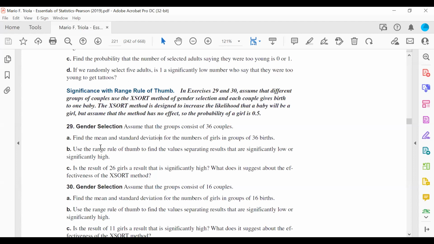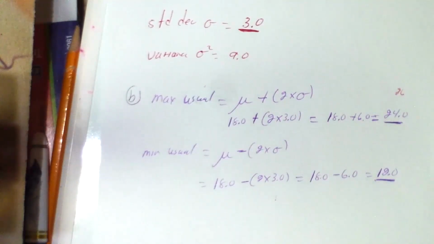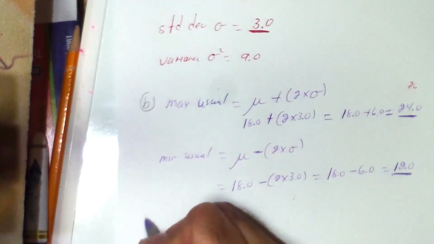C: is the result of 26 girls significantly high? Where does 26 fall? That's right. 26 exceeds. 26 goes way over here. So that means 26 is unusual.